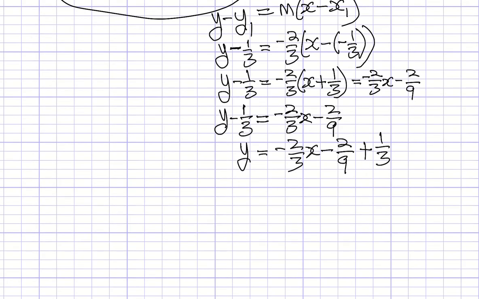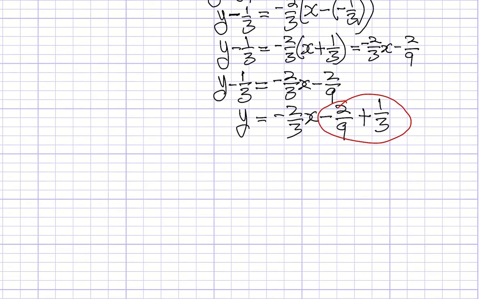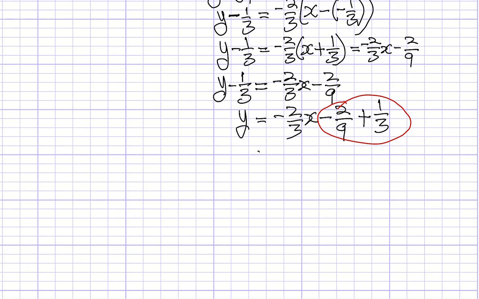So the problem we have now is we've got to combine those. To combine them, you have to make the denominator the same for each fraction. So we use that trick we know very well: minus 2 over 3 x plus 2 over 9 plus, we'll multiply that 1 over 3 by 3 over 3.